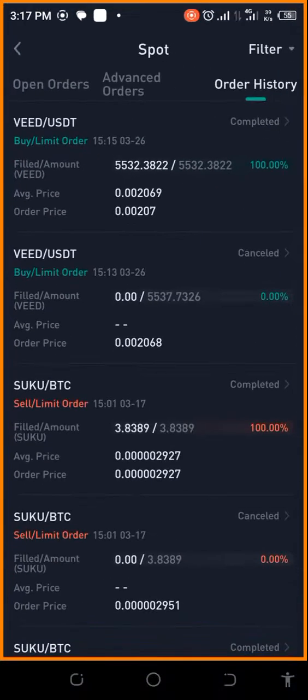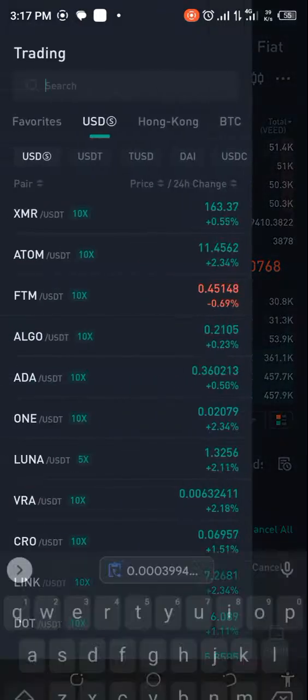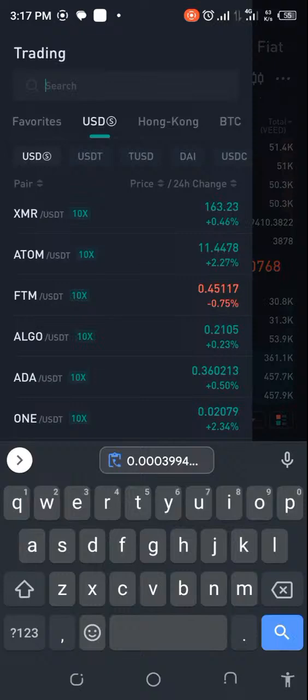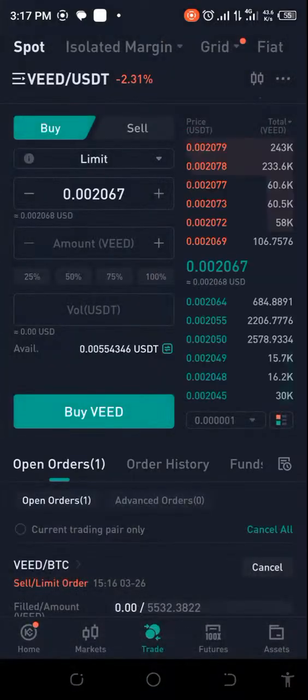So now let's go and check what's going on in VID's life, VID USDT. We're currently in the queue in VID BTC for it to be sold to BTC, so let's check what's happening in VID USDT. Let's check the charts and see whether this is going up. Okay, it looks like it's going down though.